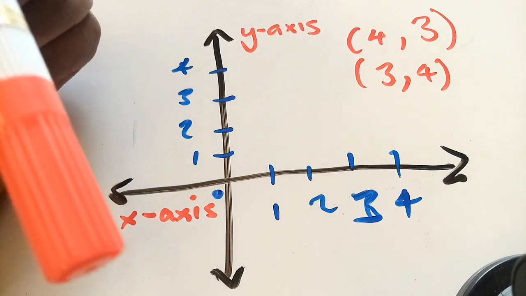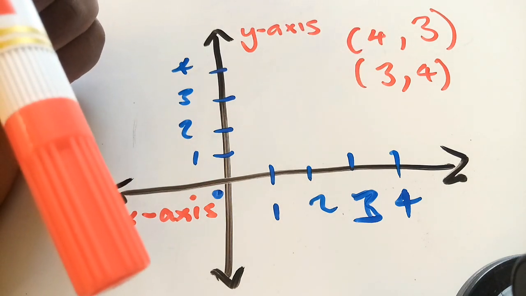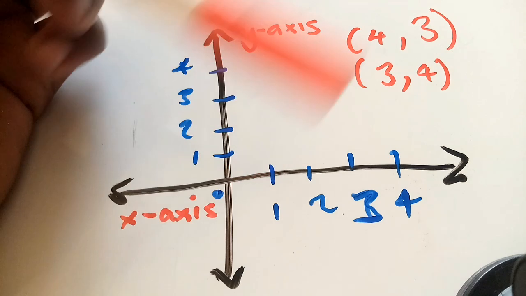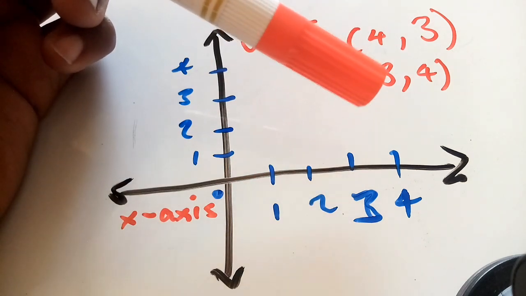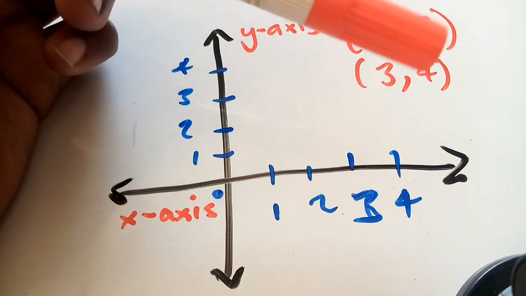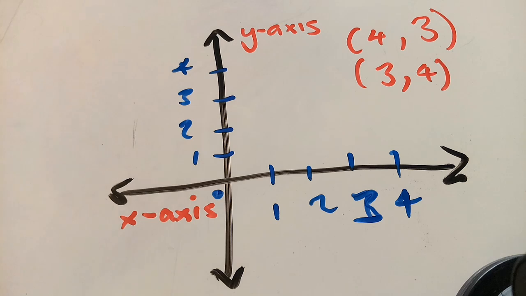We always start with the x coordinate before the y coordinate. Here, the x coordinate is 3 and 4 is the y coordinate. Now we have to note this: the x coordinate may sometimes be known as the abscissa, while the y coordinate can be known as the ordinate.